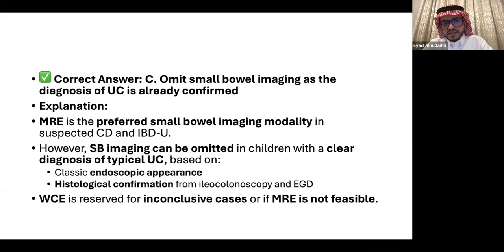However, small bowel imaging can be omitted in children with a clear diagnosis of typical UC based on classic endoscopy and pathologic confirmation from EGD. The wireless capsule endoscopy is reserved for inconclusive cases or if MRE is not feasible.